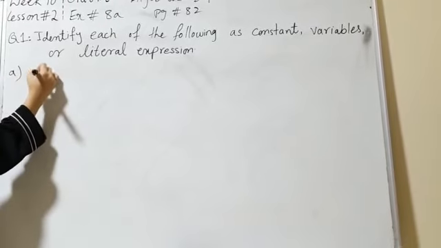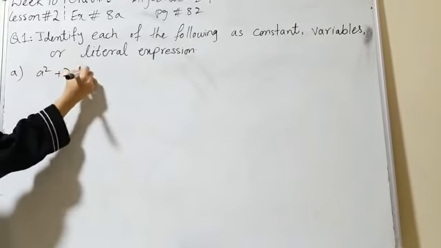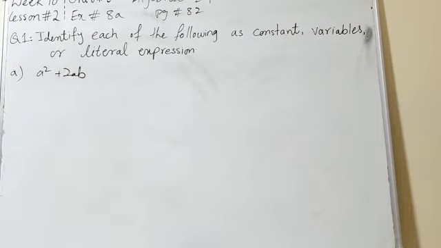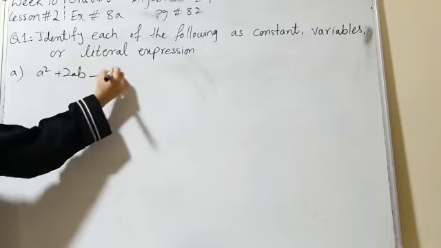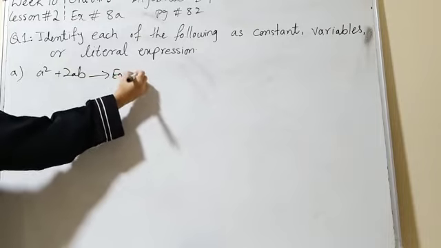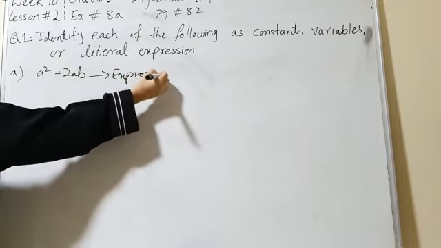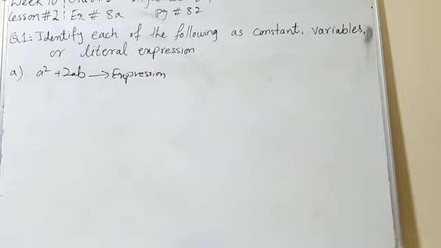Now from the question you can see we have to identify constant, variable, literal. So this is not constant, it is neither variable, so we can say this is an expression. Your answer will be expression.